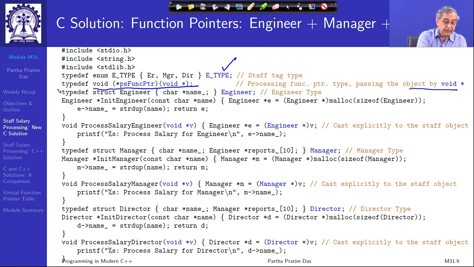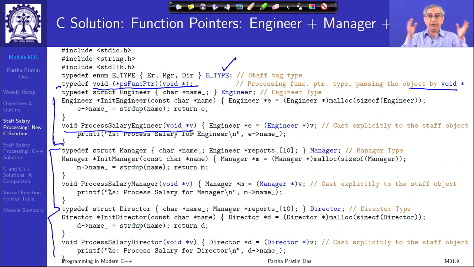Then we have specific types for engineer, for manager and for director. The only point to note is when I come to processing for engineer, my parameter type is not engineer star, it is void star, because I want to unify all of them in this function pointer type.